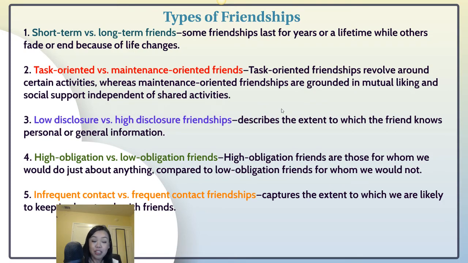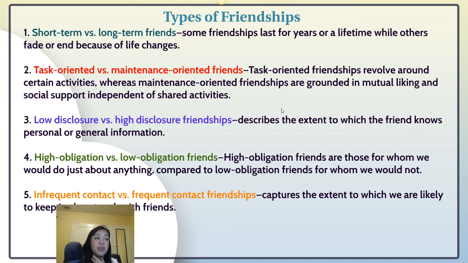We have high obligation versus low obligation friends as well. I know that this sounds sometimes incredibly crass and cold and hard to say, but we do have friends that are our ride or dies, the people that we would do anything for. And then we also have our friends, the opposite end of that spectrum, right? Friends that we have, but we won't necessarily do anything and everything for them.